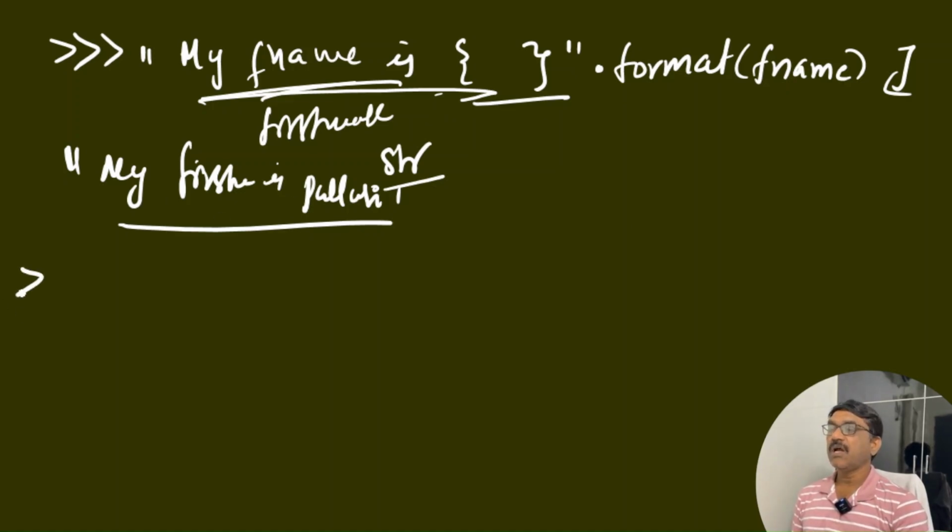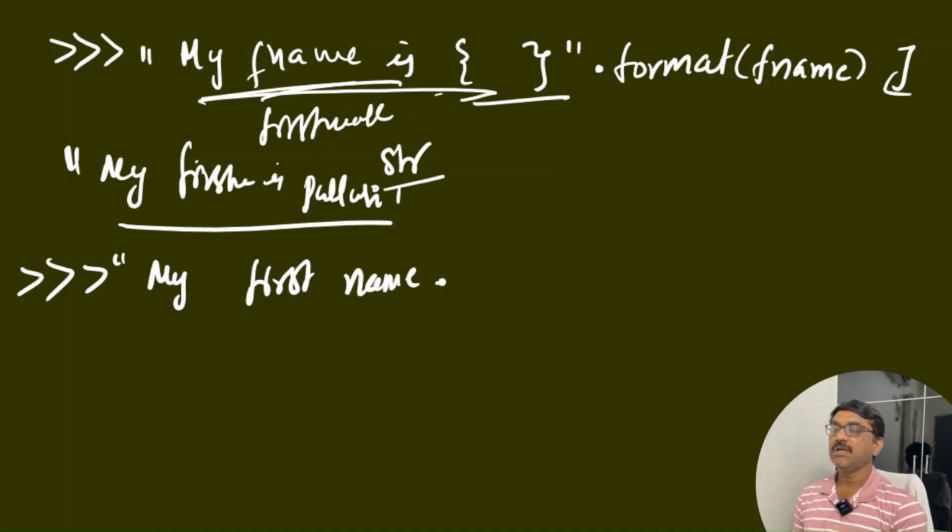Now, for example, I want to insert all my details in a single line. So, how to implement all the variables in a single line? Just now we discussed, right? I said my first name, here I'm writing like this.